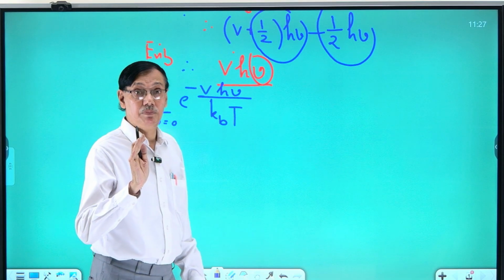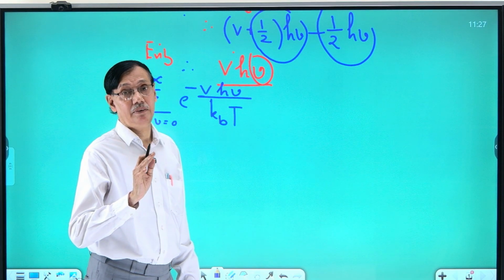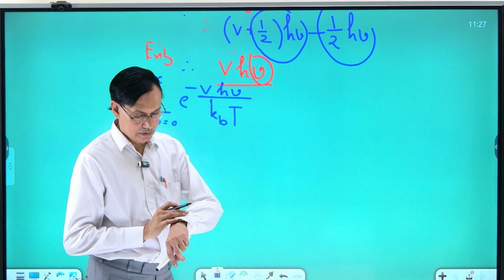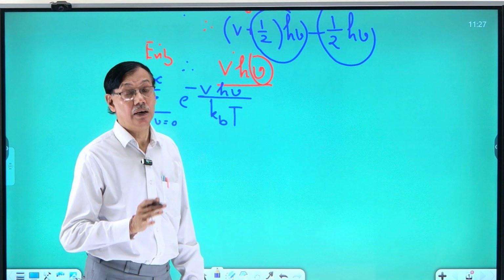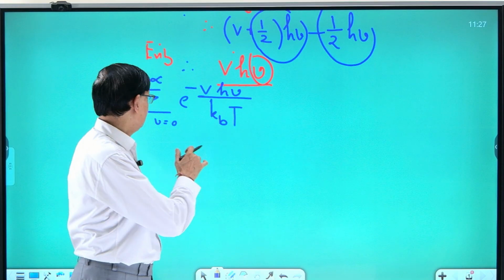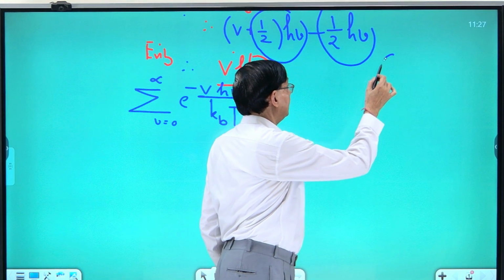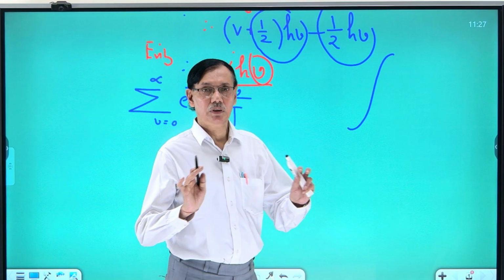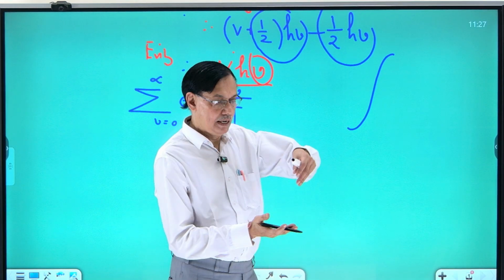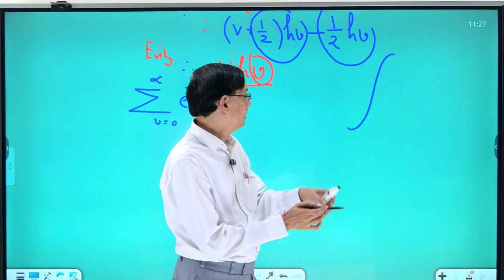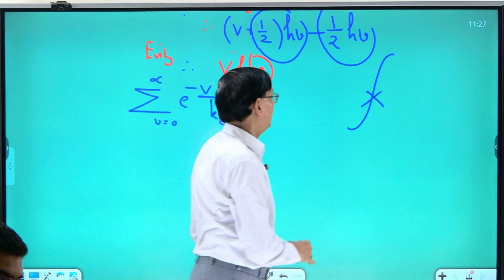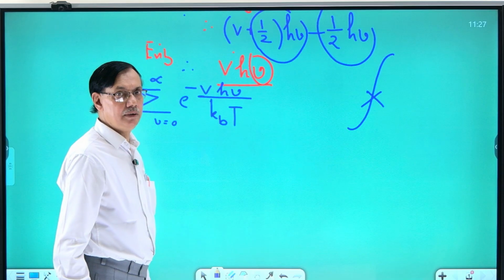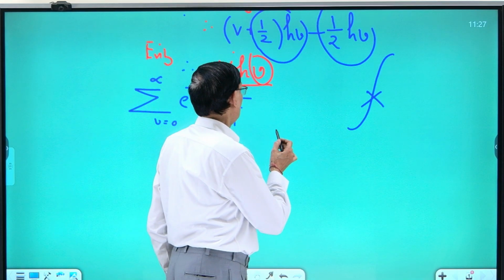One thing to remember: because you have already studied the translational, the vibrational, and rotational partition functions, everywhere the summation is replaced by integration. But here you need not worry about integration, because the lines are not closely spaced, so integration is not required. So simply we do the summation, and you know that this is a very simple formula.